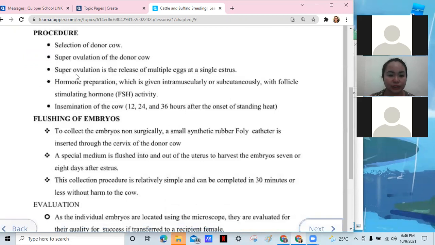For the procedure, we have less than 1 minute left. Selection of the donor cow, then superovulation of the donor cow, which is the release of multiple eggs, and then hormone preparation, which can be intramuscular.